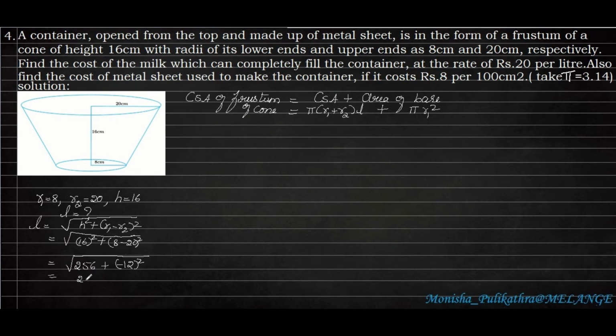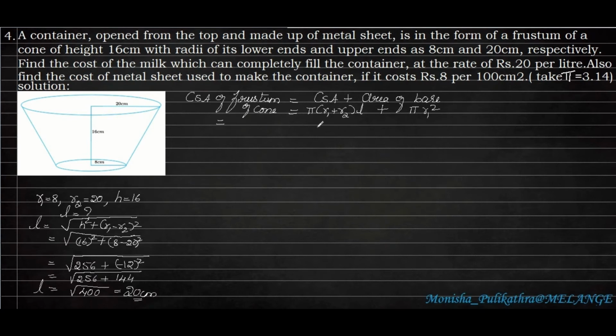So 256 write as it is, plus minus 12 square is minus 12 into minus 12, minus minus cancels, 12 square is 144. So 256 plus 144 is root 400, and root 400 is 20. So this 20 centimeter is the value of slant height.